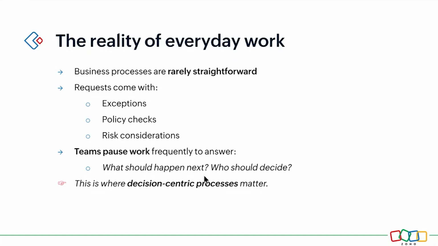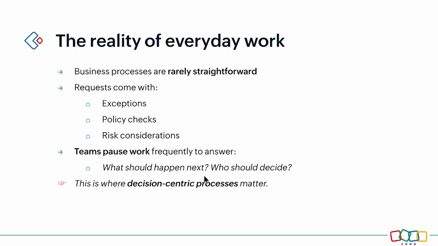To give you a clear idea, let me take an example. Whenever a purchase order or purchase request is made, if the amount is low, it will be automatically approved and move to the next stage of the process.